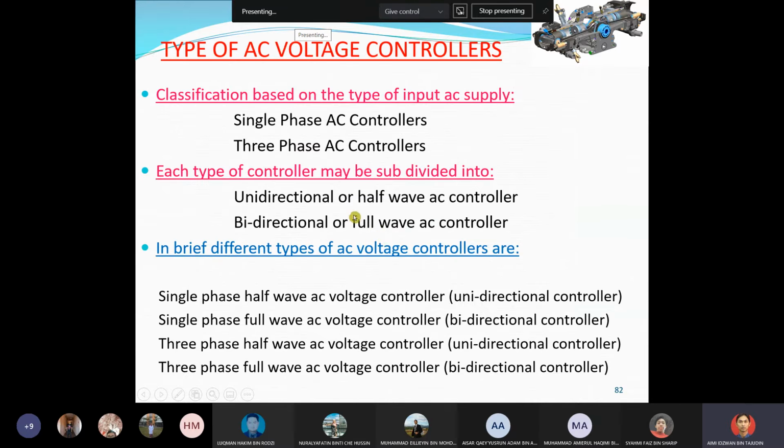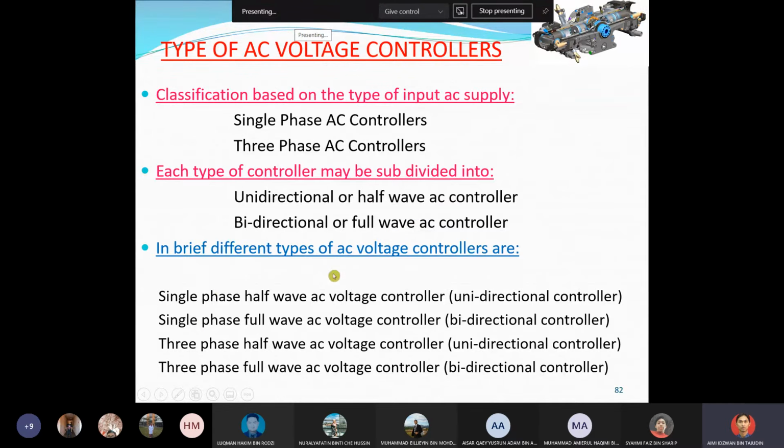So the types of voltage controller are classified between single phase and three phase. Yes, we have both. And then we have unidirectional and bidirectional. Unidirectional, or half wave AC controller, controls only half. Bidirectional controls both switching.